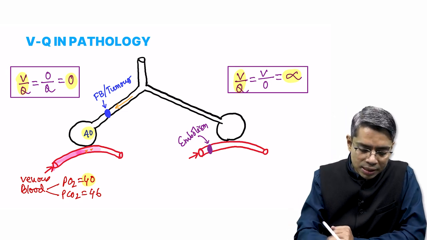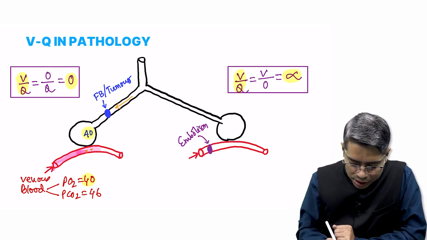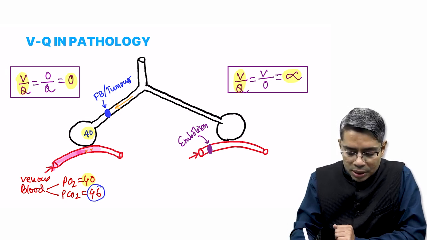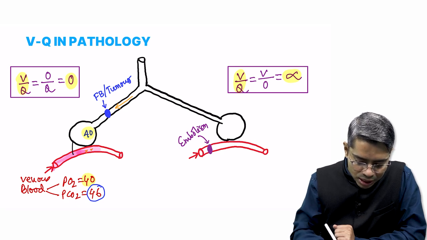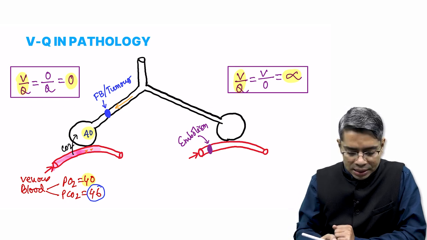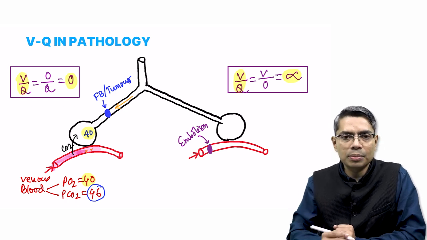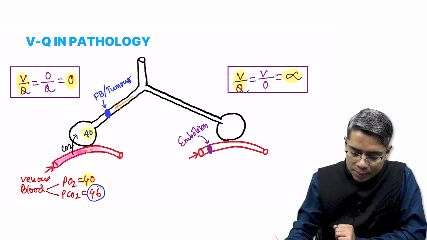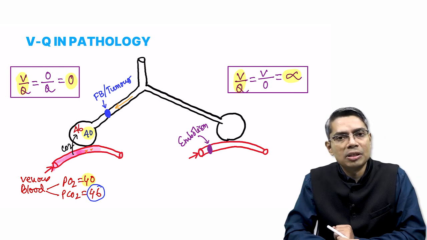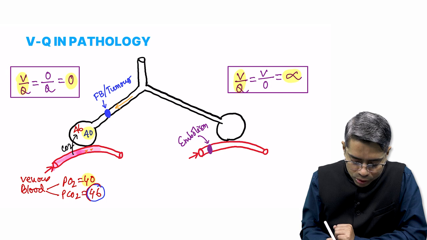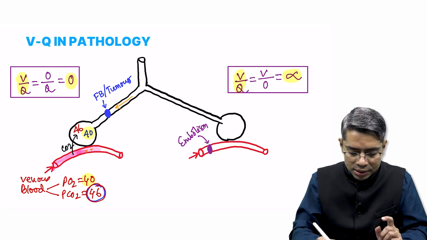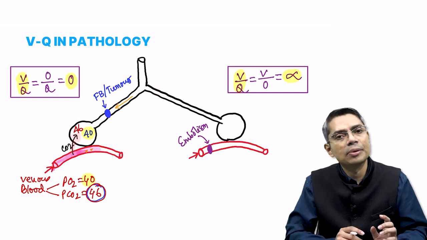Now what about carbon dioxide? Same thing. Initially the partial pressure of carbon dioxide is 46 in the venous blood, and in the alveoli the partial pressure of carbon dioxide is 40. So initially the carbon dioxide will be delivered into this alveoli. The more carbon dioxide delivered, what will happen? The carbon dioxide partial pressure will go on increasing, and whenever the partial pressure of carbon dioxide in this alveoli is 46 millimeter of mercury, the venous blood also has a partial pressure of 46. At that condition, no further carbon dioxide is going to be delivered into this alveoli.